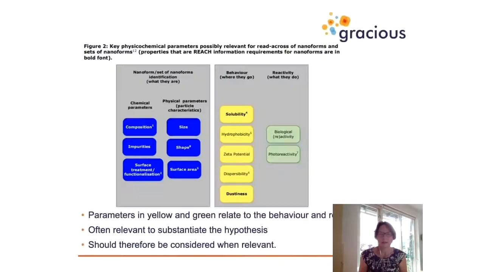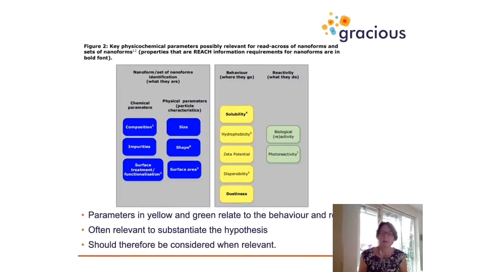And then it is indicated again in this figure that the properties indicated here in yellow are the solubility, hydrophobicity, zeta potential, dispersibility, dustiness. They often relate to the behavior, to the fate and toxicokinetics.